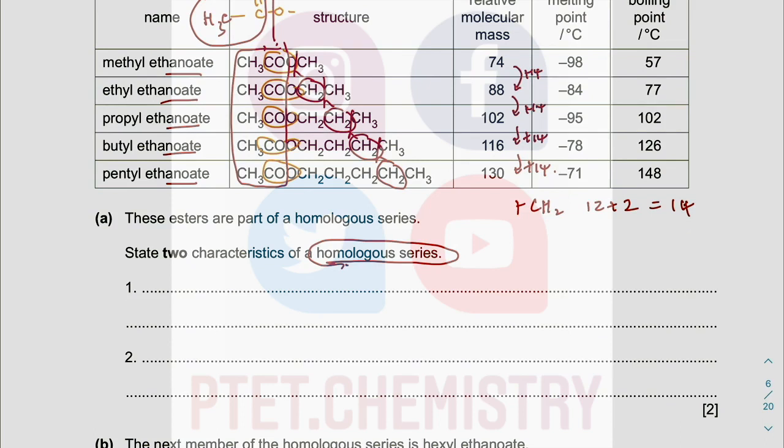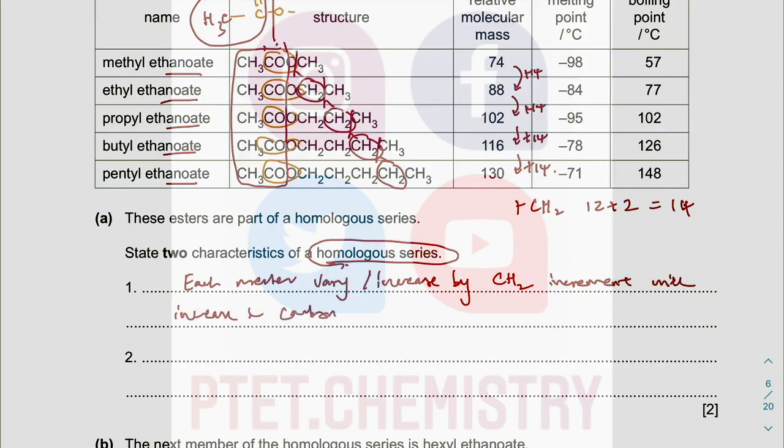So there are a couple of characteristics of homologous series. But essentially you can see that each member varies or increases by CH2 increment, or basically increases by CH2 with increase in carbon.